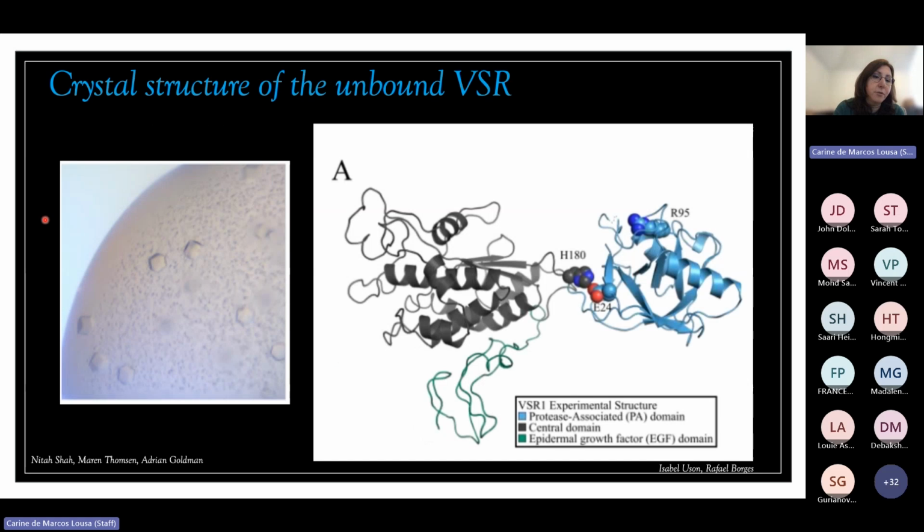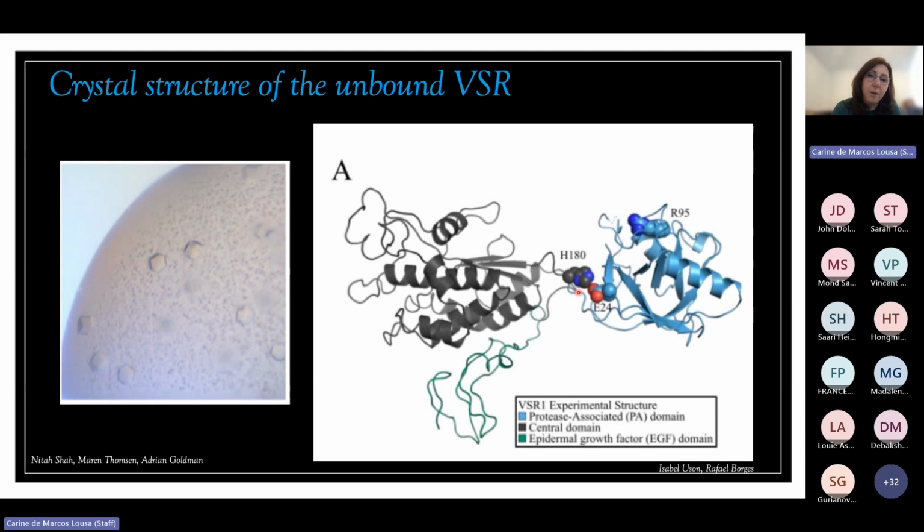The first crystal structure we had was the unbound VSR, and this was done at the University of Leeds in collaboration with Adrian Goldman, and you can see here the crystals that we got. In blue you have the PA domain, in black the central domain, and in green the EGF domain, and we could solve only one EGF domain.